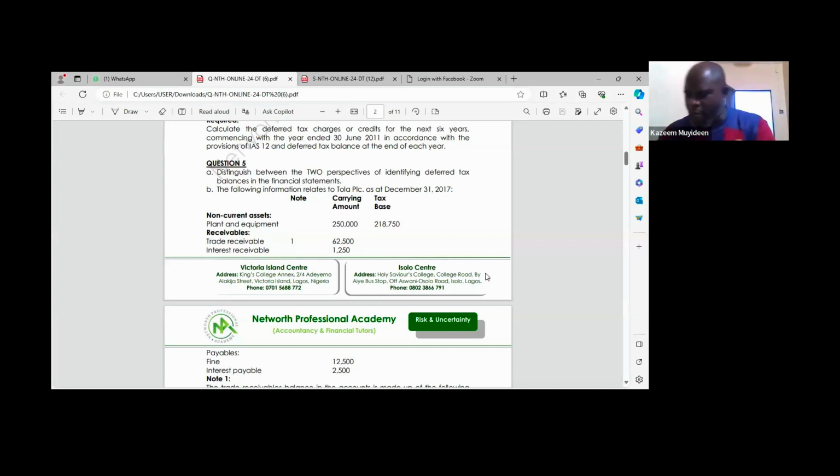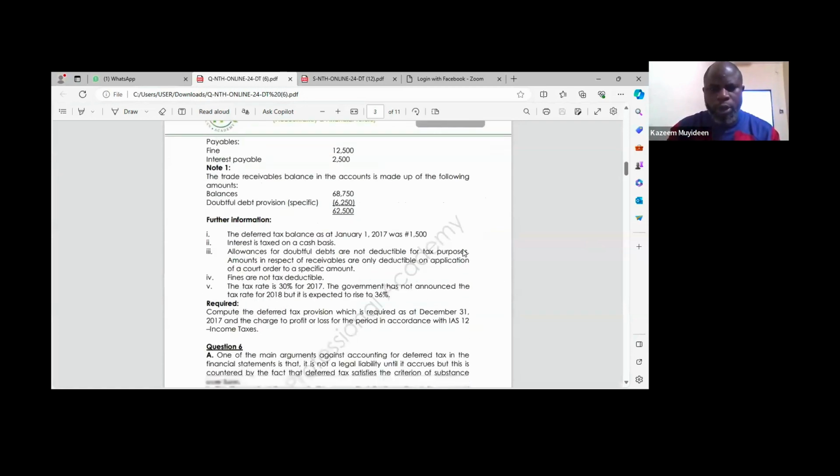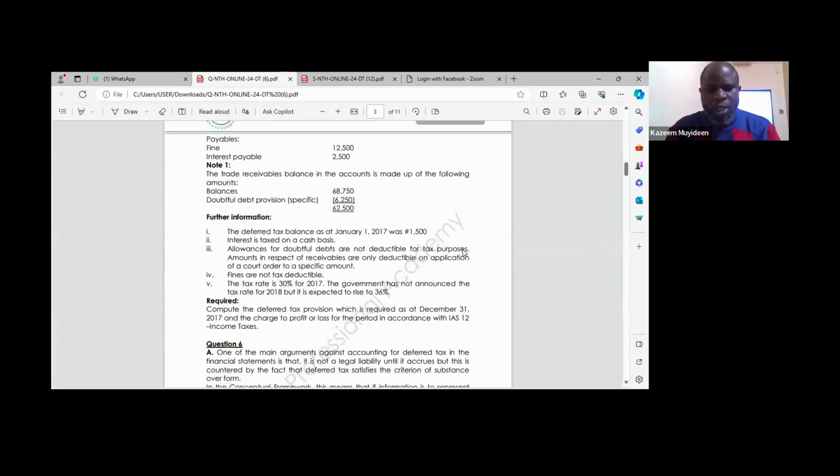Now, let's go to the requirement of the question. The requirement says, compute the deferred tax provision. Don't forget, in exam, it is hardly you will hear them say deferred tax asset or liability. They will just say deferred tax. Why? Because we believe that deferred tax has a credit balance in the statement of financial position.